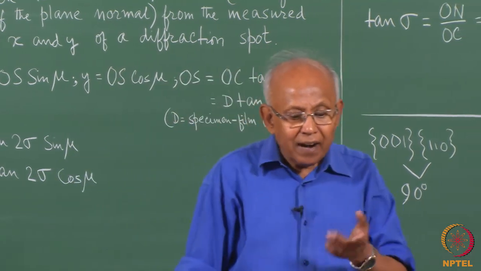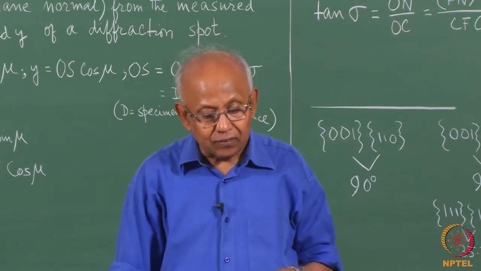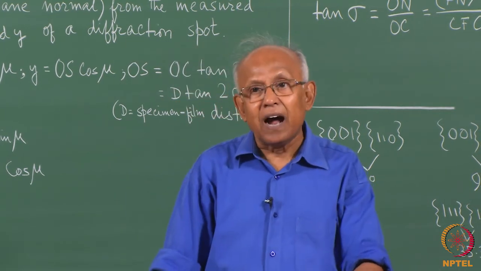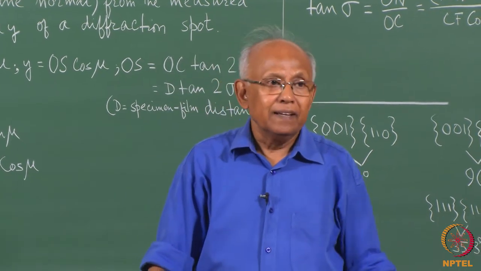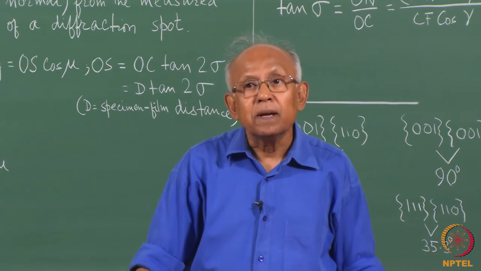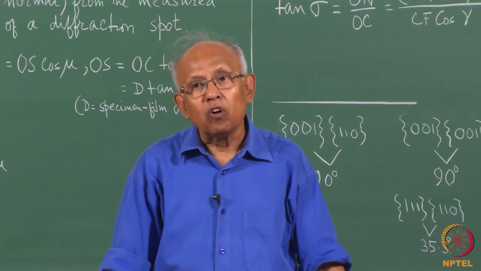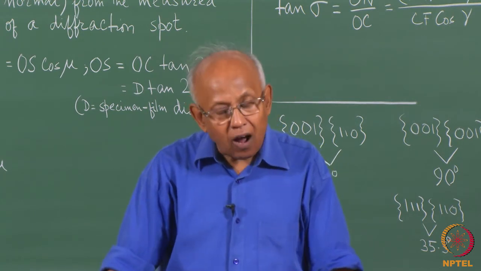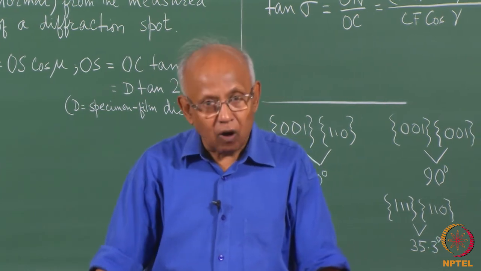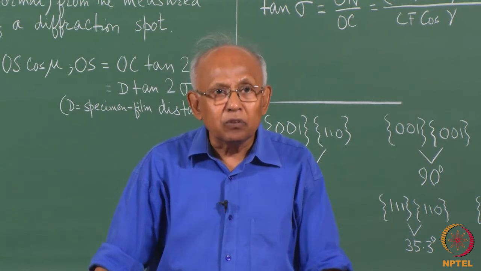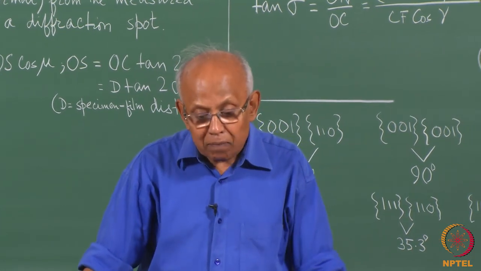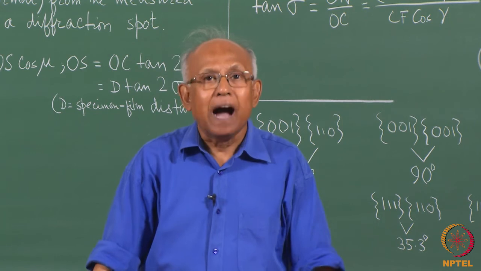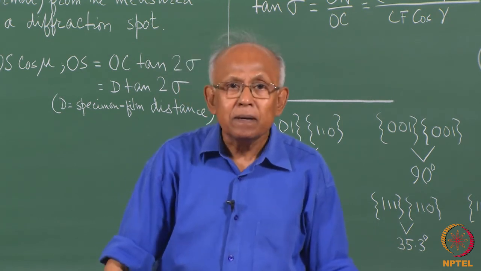The advantage of the Greninger chart is, if we put it on top of the diffraction spot pattern, then for all the spots which appear on the hyperbolas, we can measure out the corresponding gamma and delta values of the plane normals.